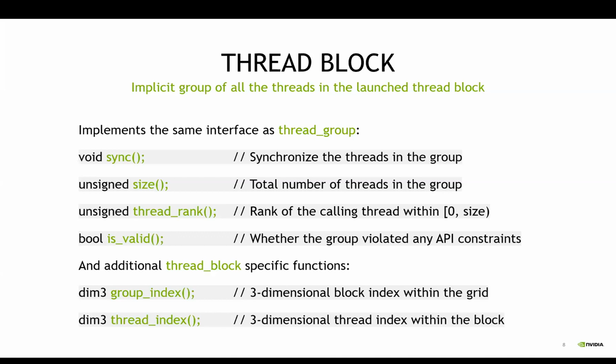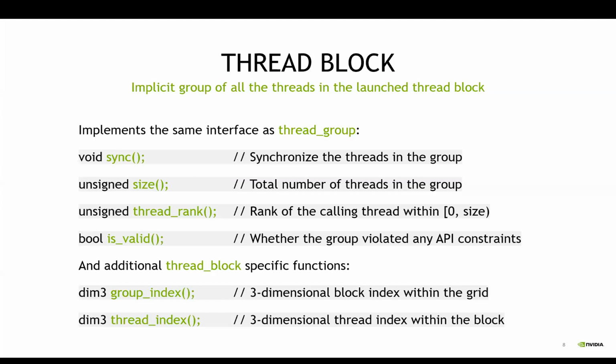And so one of the things that could arise is that you may ask the API to do something that is not valid or legal. And I'll point out, I think, one example that I can think of in a couple slides. This method then gives you an idea of whether or not this group that you have formed is a properly formed group or not. It's not something that I see a lot of usage of, but there may be situations where you might want to use this if you think that the way that you're performing a group creation could possibly be exposed to a hazard.